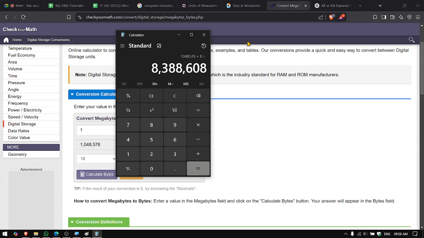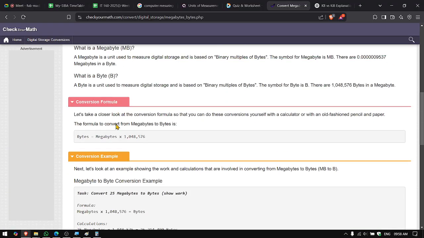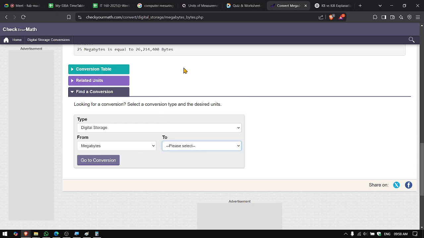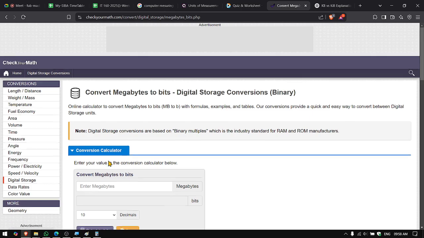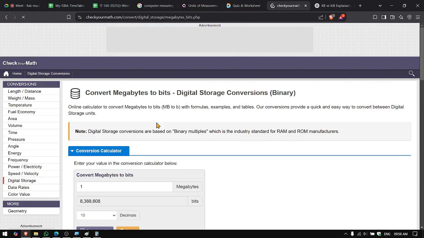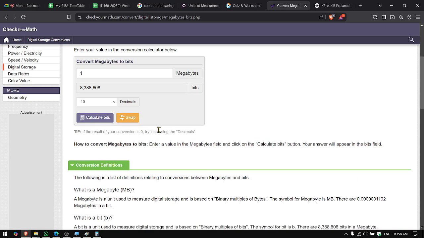If you need to convert it to bits, you should select bit and go to auto type. Now it's 8,388,608, right? That's it. So that's how you calculate.